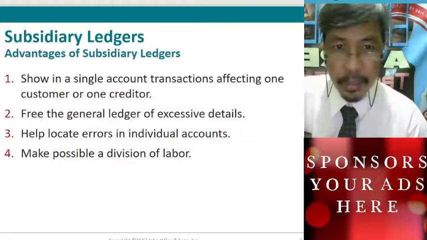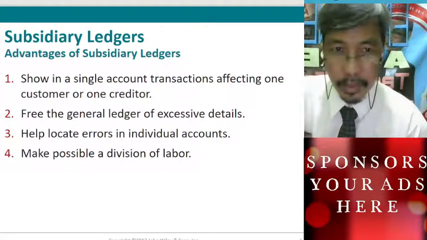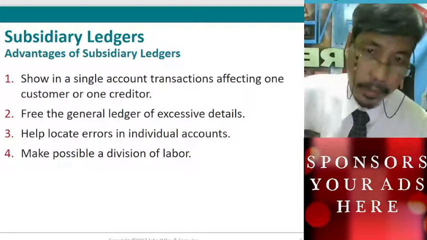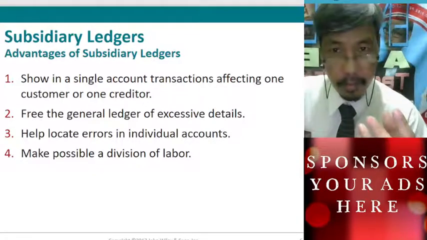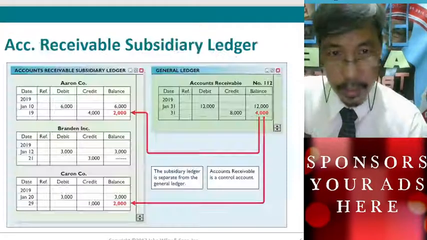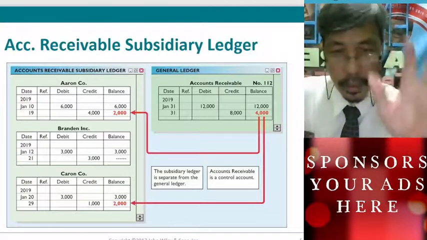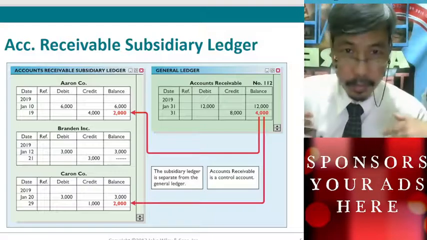Subsidiary ledgers, advantages of this. Number 1, shows in a single account the transactions affecting one customer or one creditor. Okay? One to one. So only for Aaron Corporation, there, in one single record book. This is a record book.